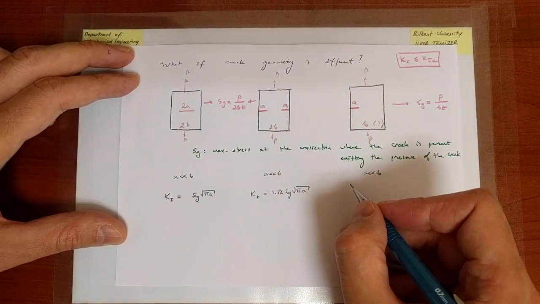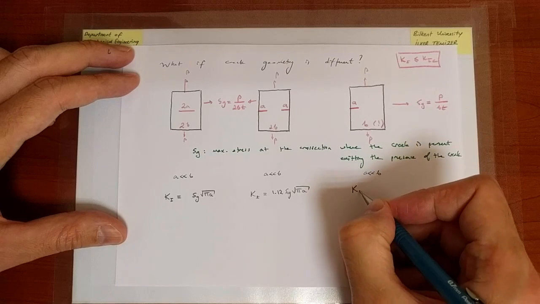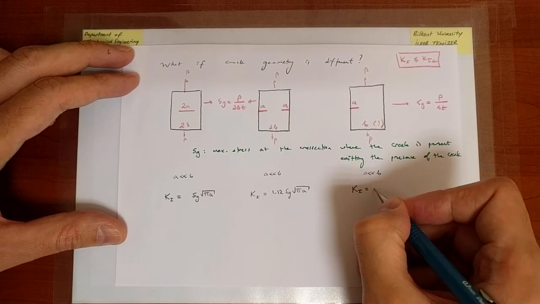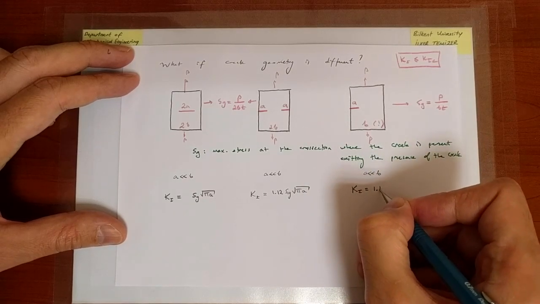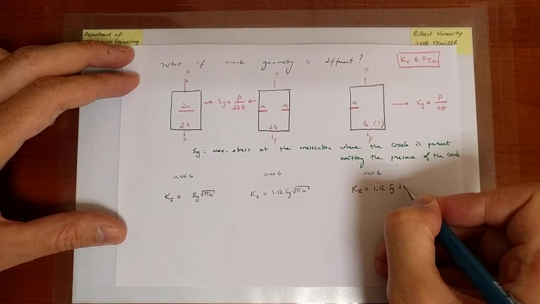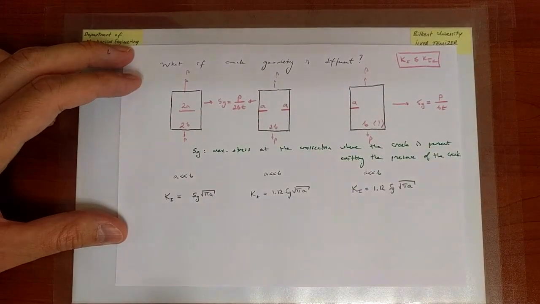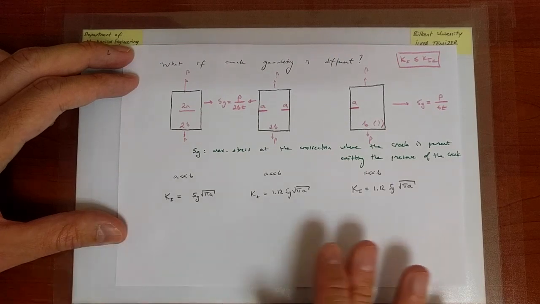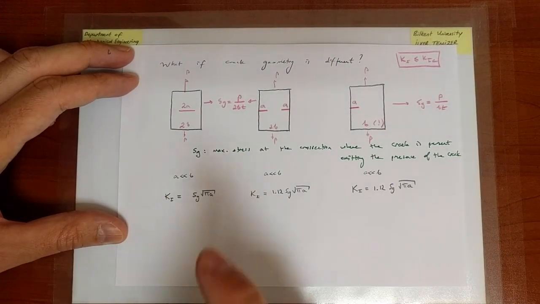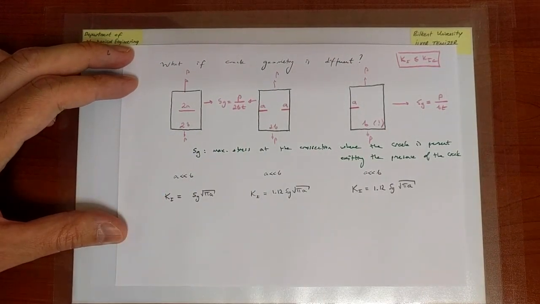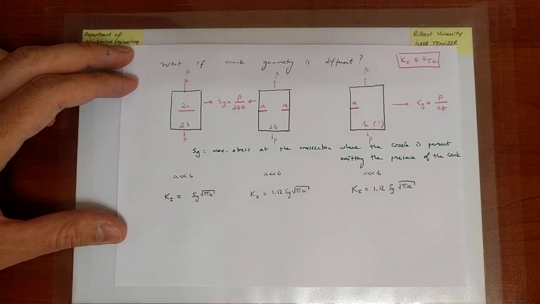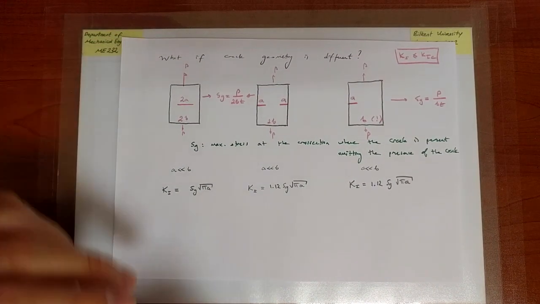And it turns out in this case, it's also a similar scenario. K1 is equal to 1.12 SG root pi A. Okay, so this is the situation when A is much, much less than B. Now, on the other hand, what happens if A is actually not much, much less than B?